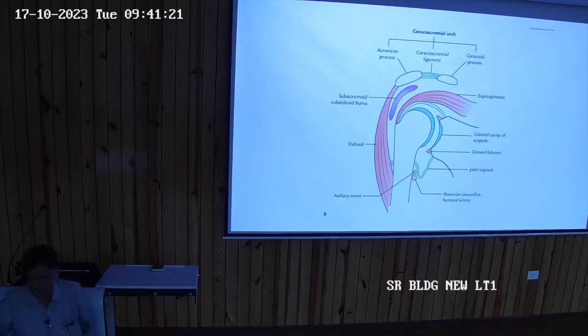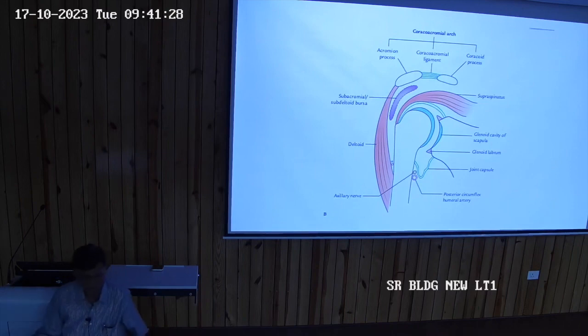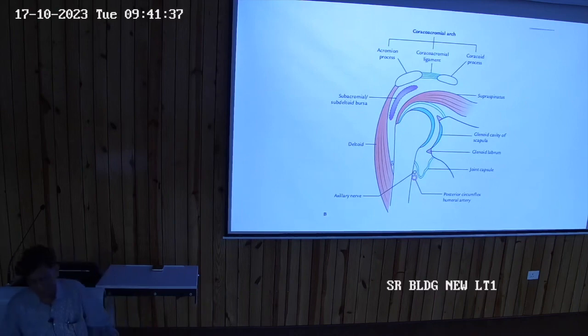After 15 degrees up to 90 degrees, the deltoid, and above 120 degrees, yes, good, serratus anterior and the other muscles, and the posterior and middle fibers of the deltoid. So this is such an important thing, the supraspinatus muscle which is lying here, and this is the subacromial bursa.